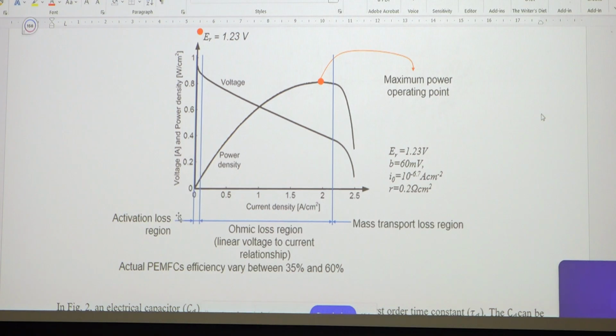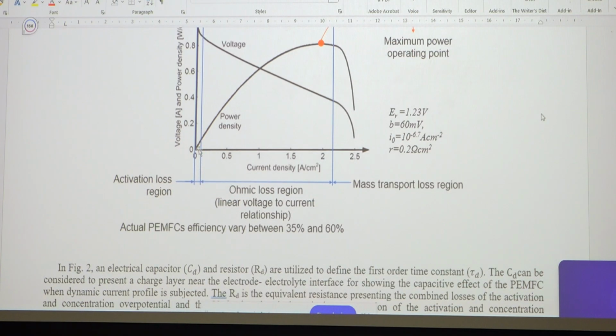Until supplying this voltage, it cannot start supplying current or power to the external circuit. That is why this voltage reflects in the very low current density.